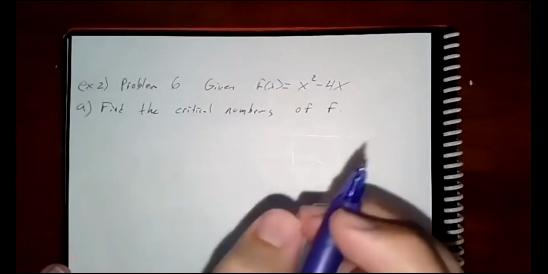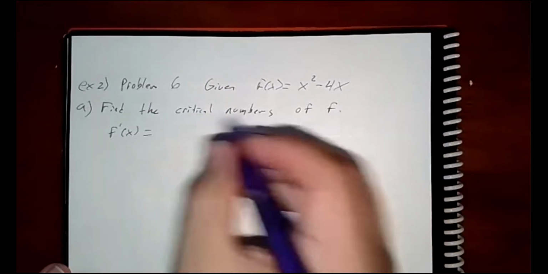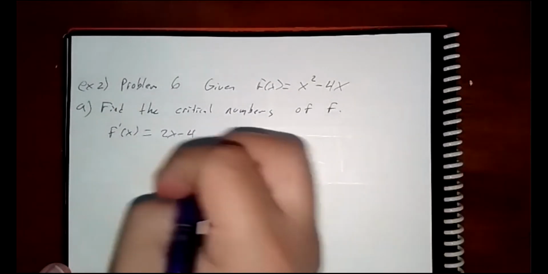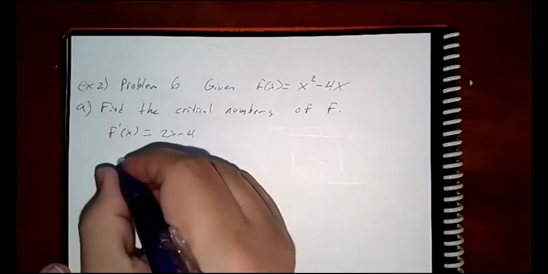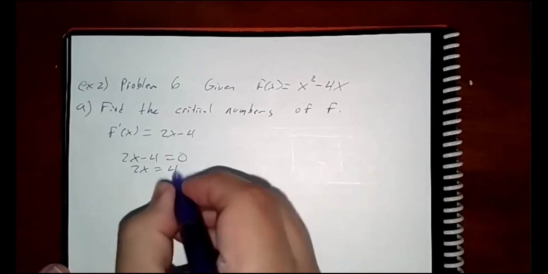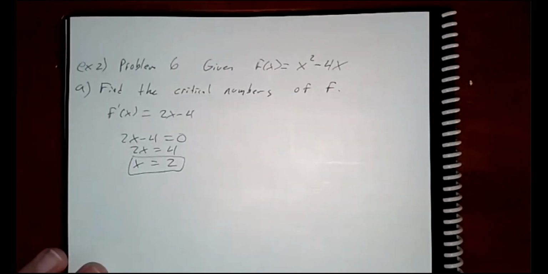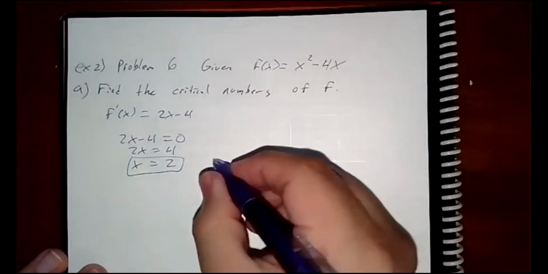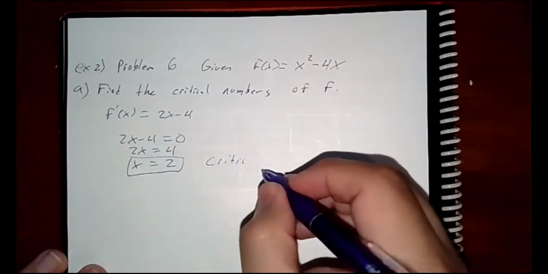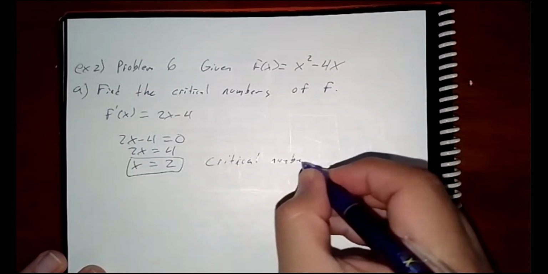So remember we said to find them, you have to take the derivative and then set it to 0. Right? So then 2x minus 4 equal to 0. 2x equals 4, x equals 2. Here is our critical number. You guys remember this from last time? Yes. Okay, so there it is.